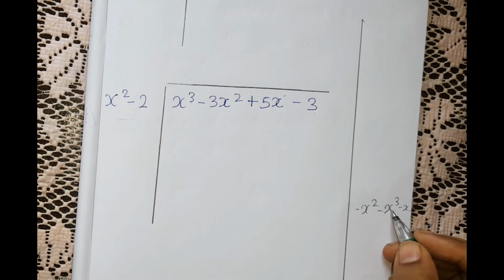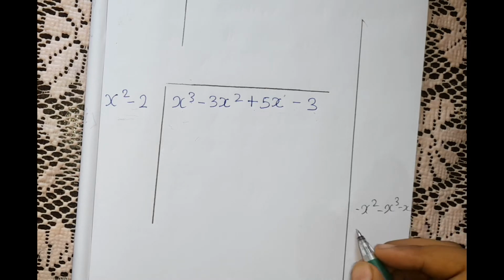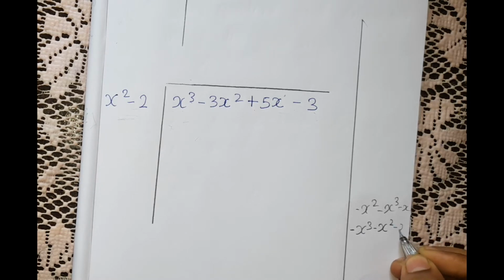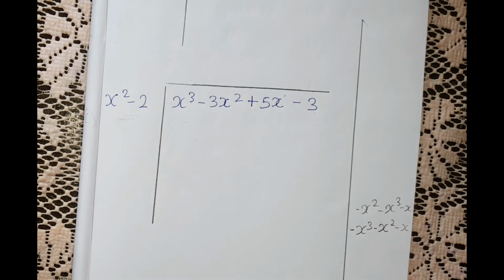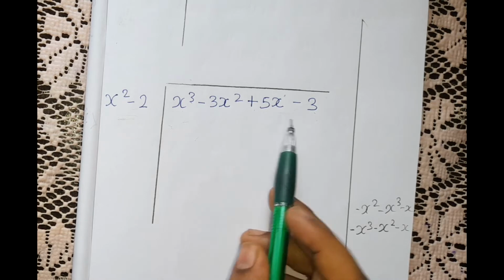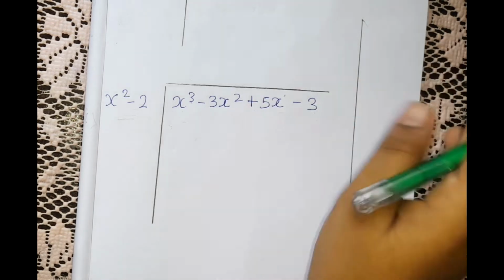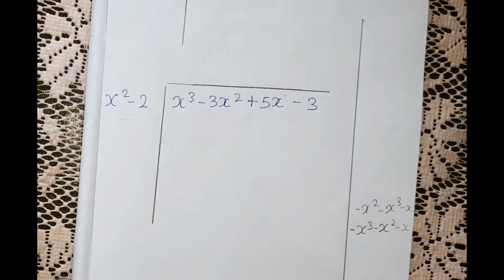Here the x cube is in the middle, but we are supposed to write x cube first and then x square and then x. We write from the big power to the small power: 3, 2, 1 and then the constant term.